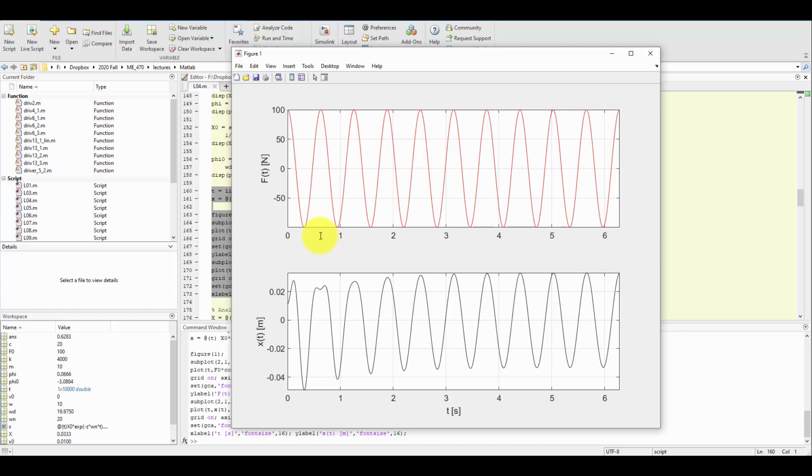Notice that for the first 1, 2, 3, 4, 5, 6, even 7 of these periods, the oscillations are not constant. It's still changing, it's still developing. So for that first 7 or so periods, we are in the transient phase. The homogeneous part is still having an effect.